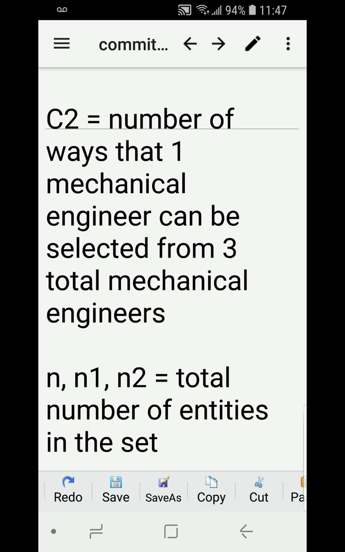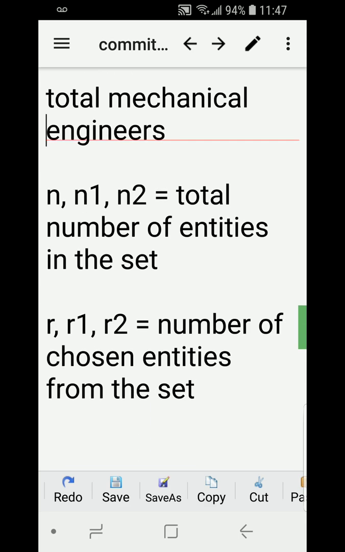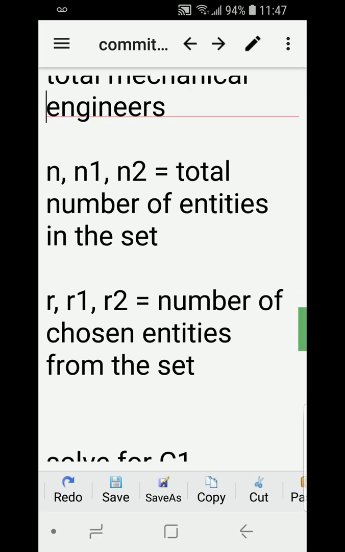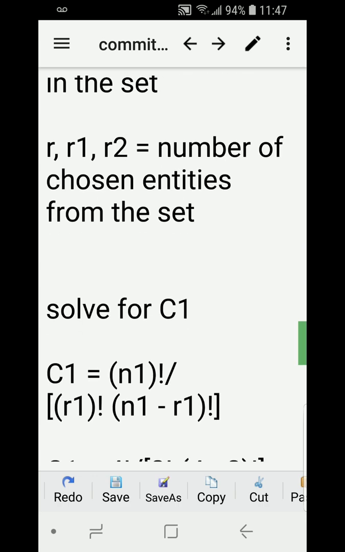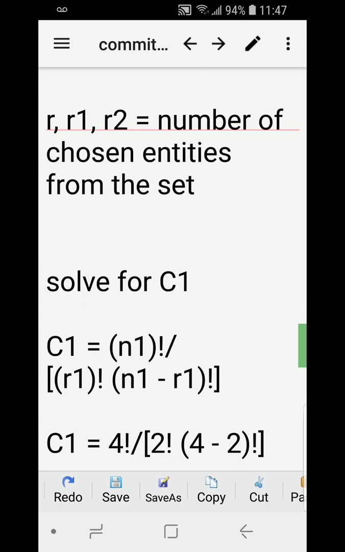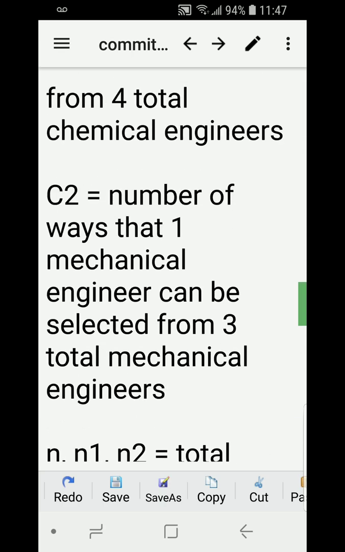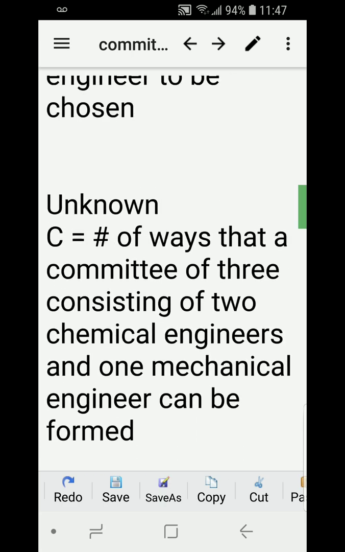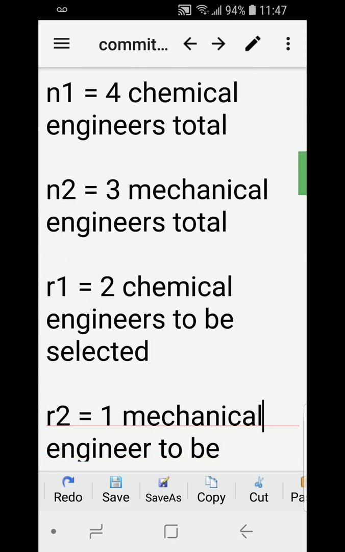So 1 out of 3. N1 and N2 are the total entities in the set, and R1 and R2 are the number of chosen entities from the set. So N1, N2, R1 and R2 have been defined here from the given.